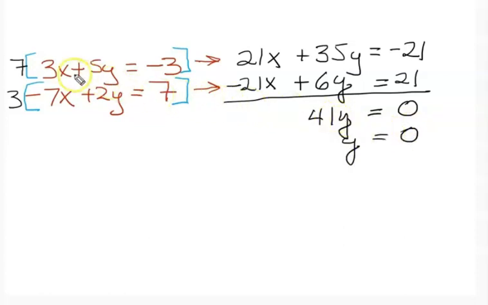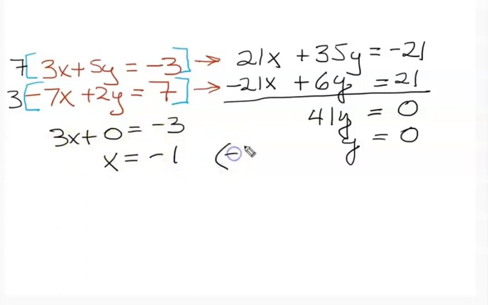Okay, now we can go to one of these original equations, and here, if we copy this first one, 3x plus 5 times 0 is 0 equals a negative 3. We're going to get x equals, dividing both sides by 3, a negative 1. So our ordered pair then is a negative 1, comma, 0.